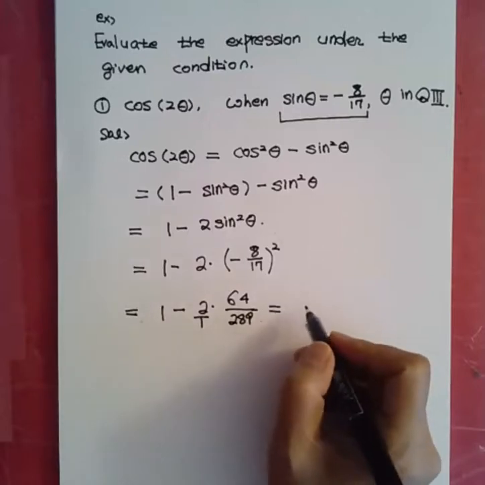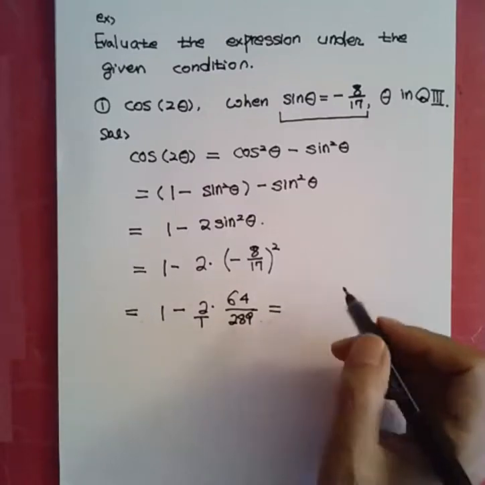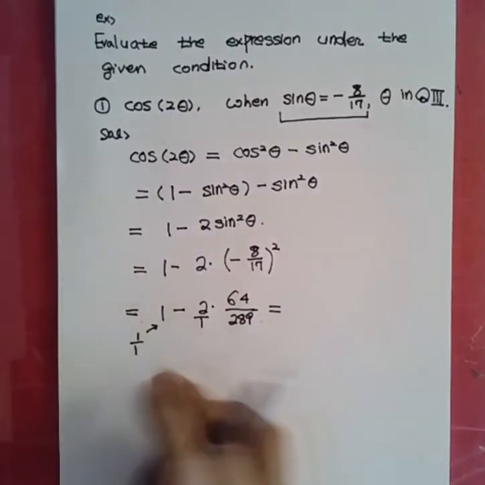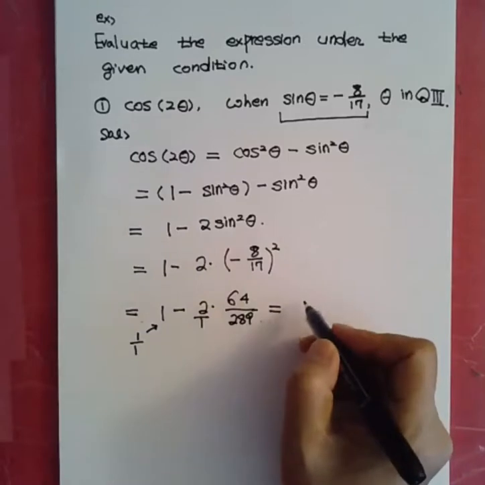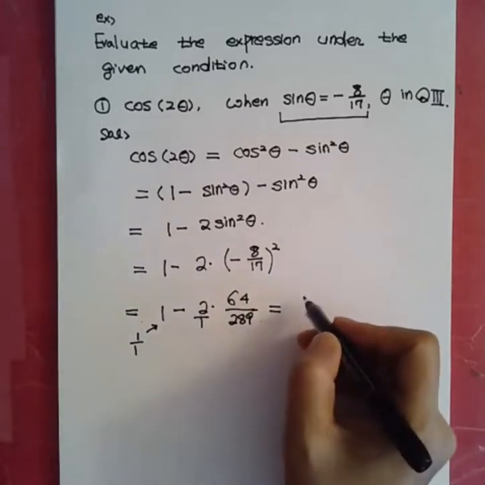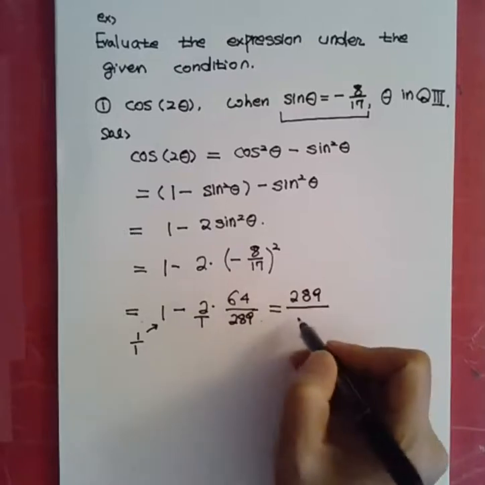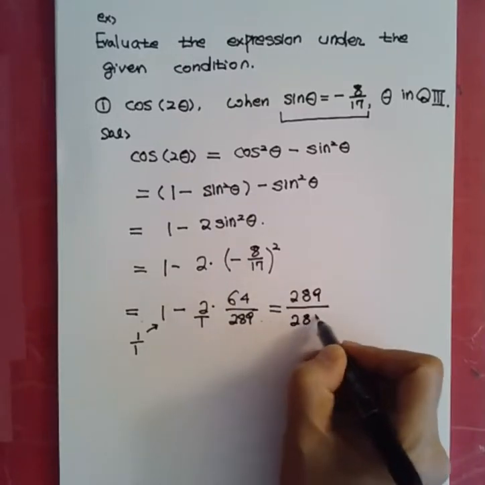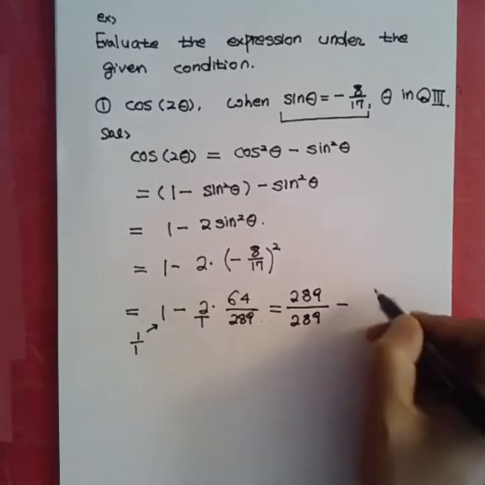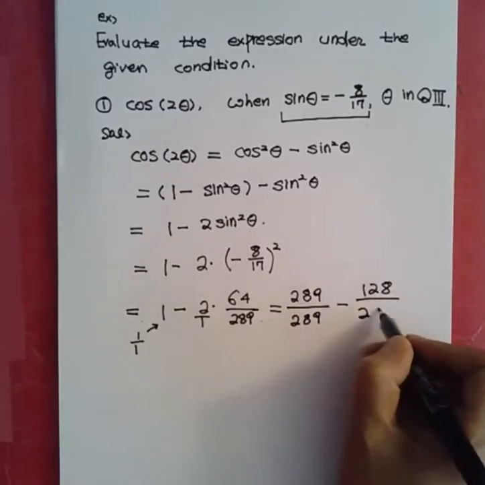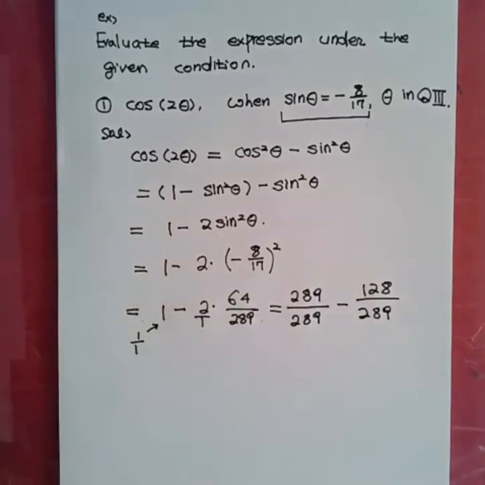So that'll become 1 is 1 over 1, and we are thinking about the common denominator. Common denominator is 289. So we can re-express that as 289 over 289 minus 128 over 289.